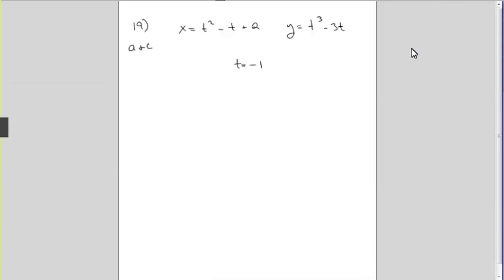Okay, we're at problem number 19, and we're only doing parts A and C. We have to calculate dx dt, dy dt, and dy dx anyway, without using a graphing utility. So let's go ahead and do it.